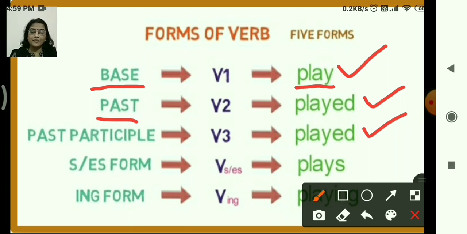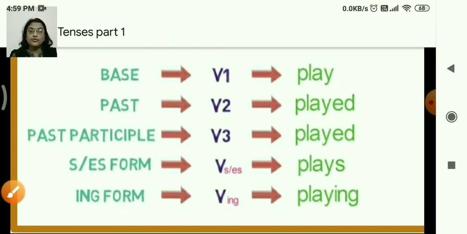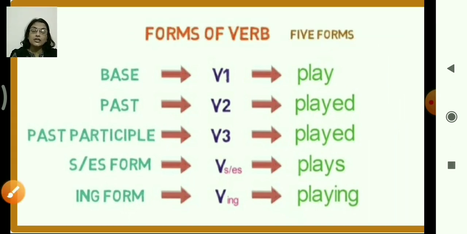Es is added there. Okay, and the next form is the ing form of verb. Here we simply add ing to the base form of the verb. So here play was our base form, right? And we want the ing form. So it will become playing. Okay, so I hope you have followed these 5 forms.